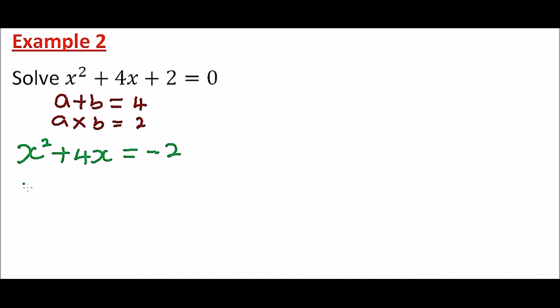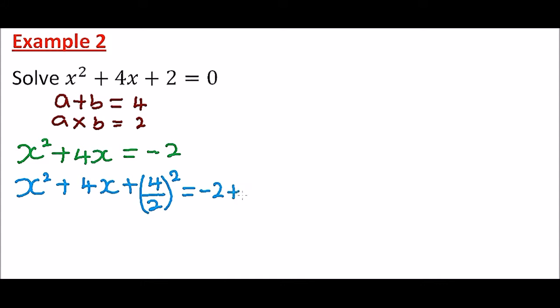When the coefficient of x squared is 1, we are supposed to add: x squared plus 4x plus 4 over 2 in brackets squared, that is, half the coefficient of x, is equal to minus 2. We add what we have added to the left hand side, so we add 4 over 2 in brackets squared.